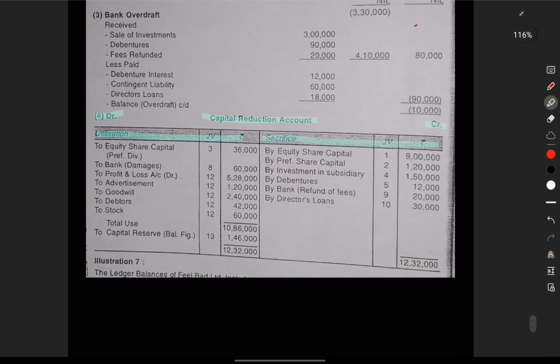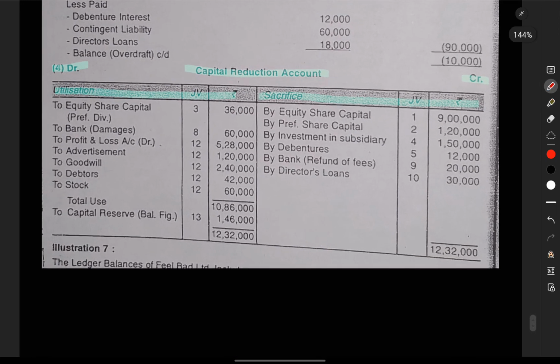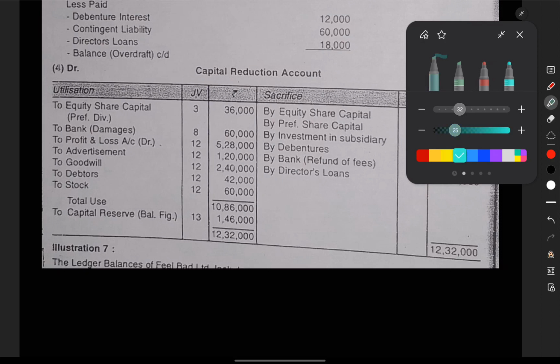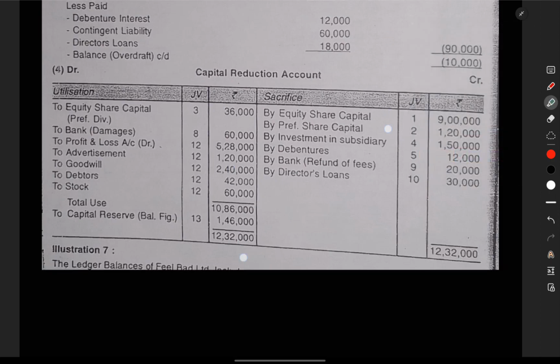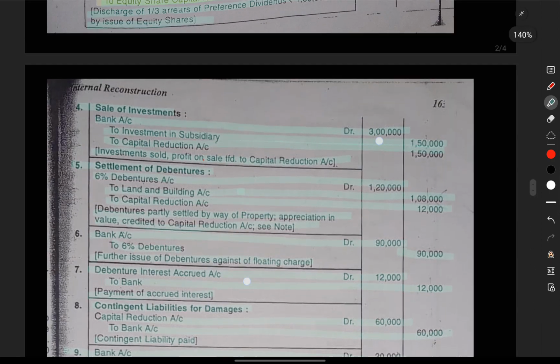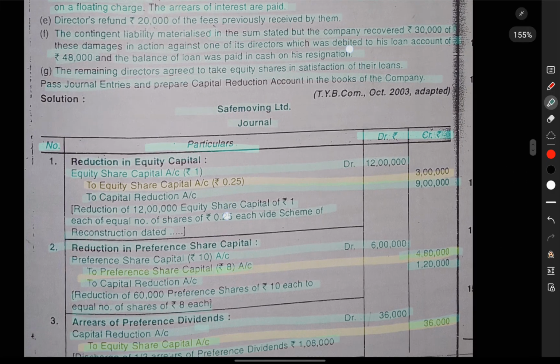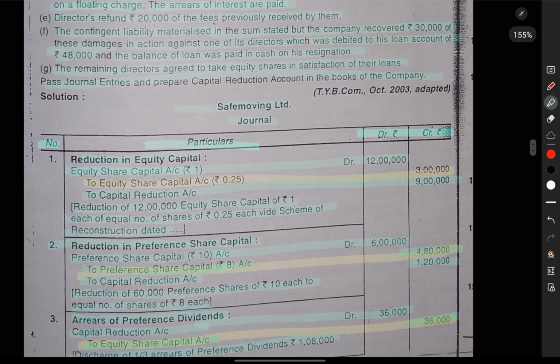Now you have to prepare capital reduction account and transfer all the capital reduction effects. Let's see. In first journal entry, we give credit to capital reduction for 9 lakhs.